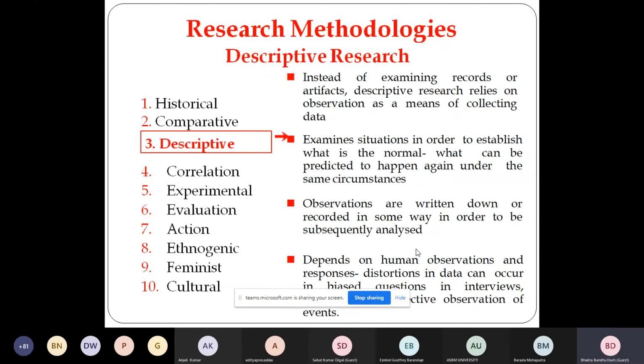That is also a situational analysis you can make. Observations are written down, recorded in some way in order to be subsequently analyzed. So whatever observations you are talking about, you usually record them, you write them down. Ultimately that will help you to analyze, to reiterate and to project in your own way, in your own tone.